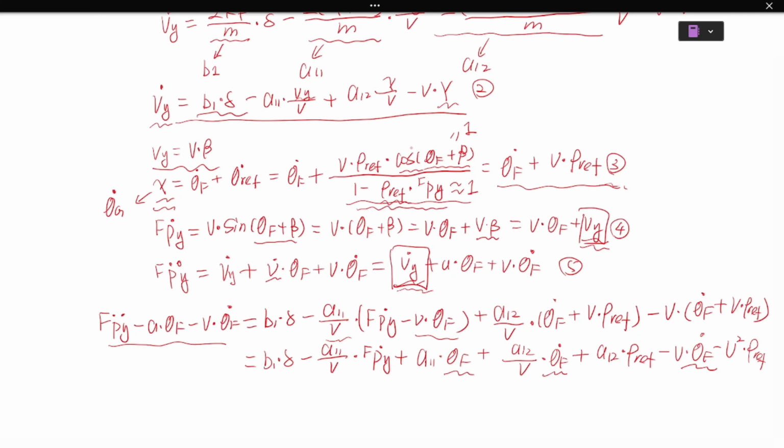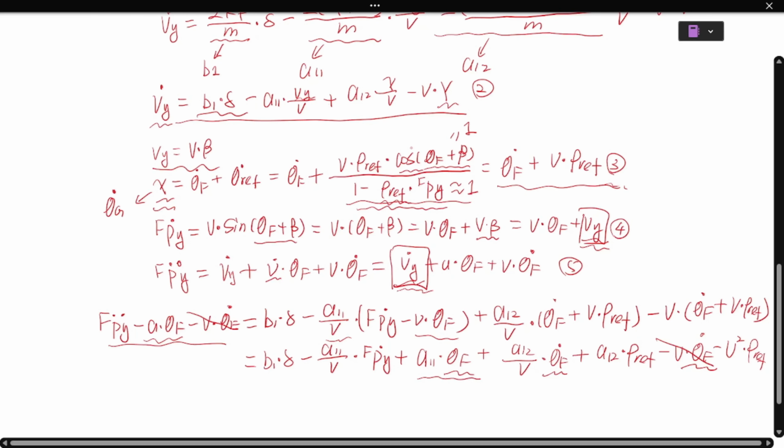First, here v times theta f dot, these two terms can be cancelled, and then we move the a times theta f to the right side and group the theta f terms together.